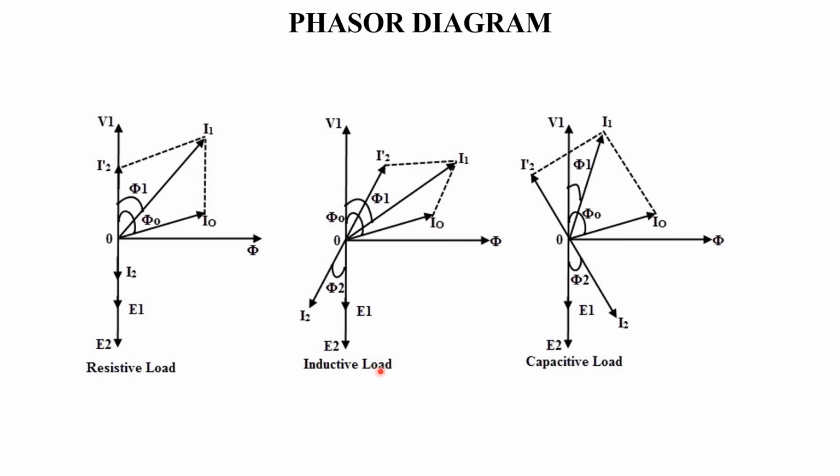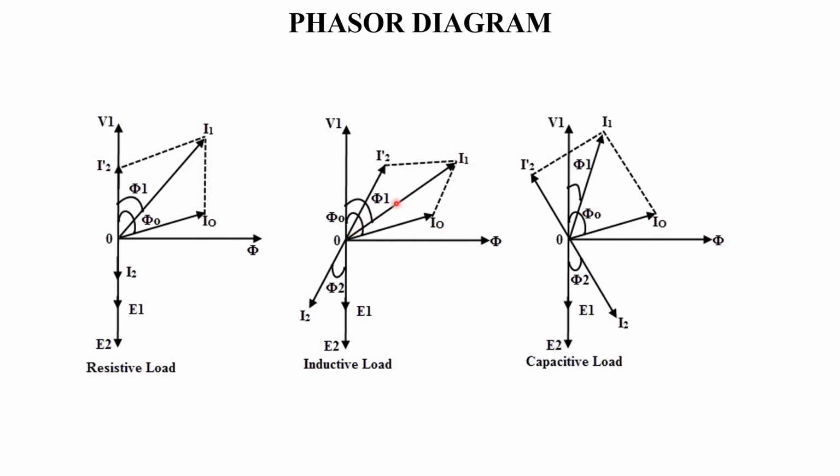For an inductive load, the induced EMF E2 and I2 are drawn here. Since it is an inductive load, I2 will lag the induced EMF E2 in the secondary side. And we know that I1 will have two components, I2 dash and I0.